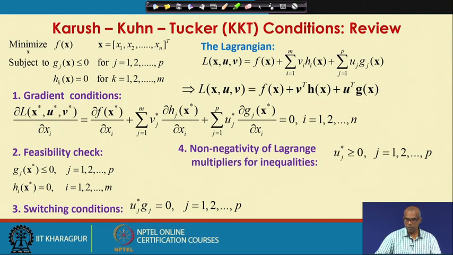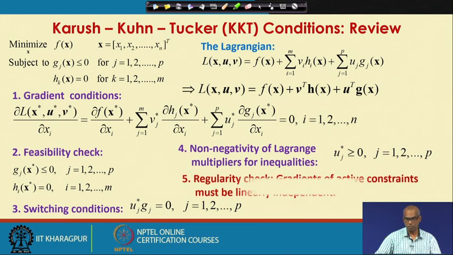Then the non-negativity of Lagrange multipliers for inequality constraints, and finally, the regularity check, which says the gradients of active constraints must be linearly independent. So, these are the KKT conditions for a general nonlinear programming problem.